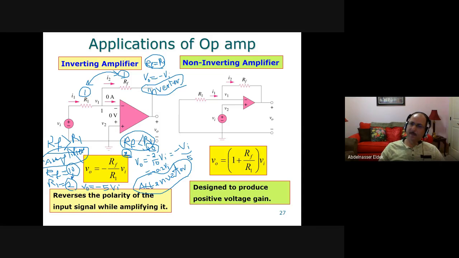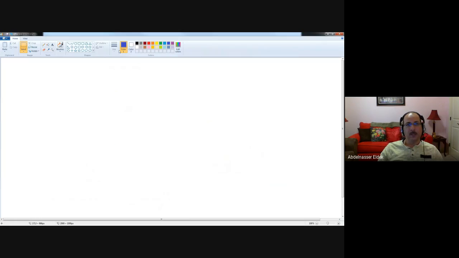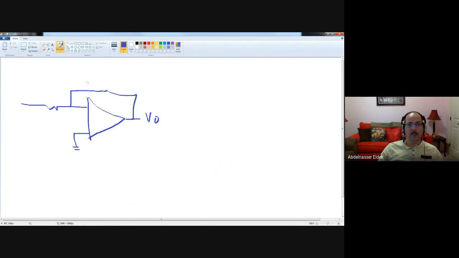So for example, assume that you have a circuit like this. This is the ground, this is the input, and this is the output, VO. And you have a resistor here, which for example is 15 ohm, and this one is 3.